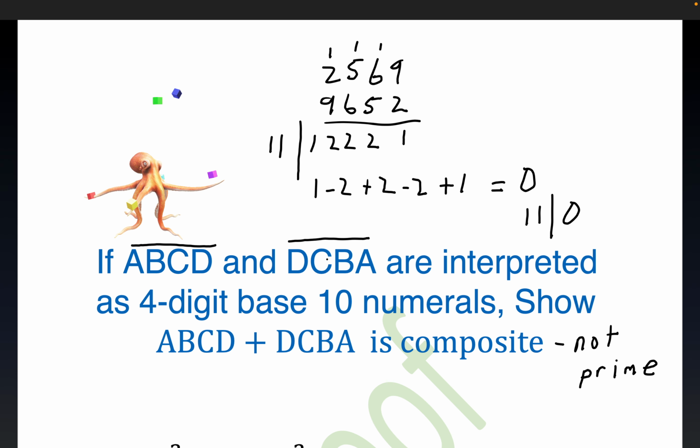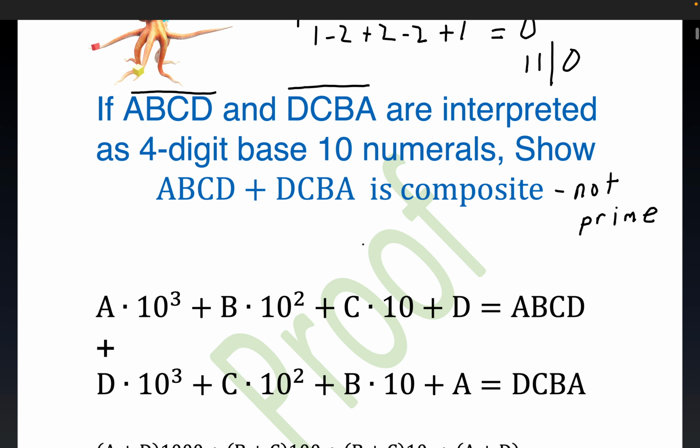Now, let's look at the overall proof here, because in this particular case, 11 always divides four-digit numbers summed together in this form. So here's the expressions right here. This is what it means. It's just the Hindu-Arabic expression for ABCD, and then here's the Hindu-Arabic expression for DCBA.